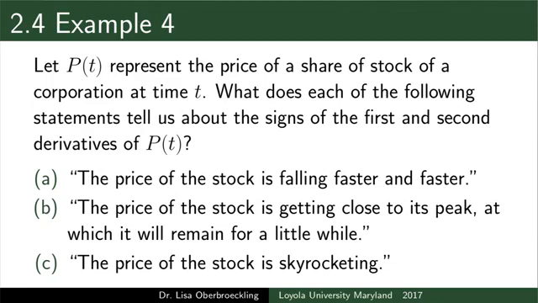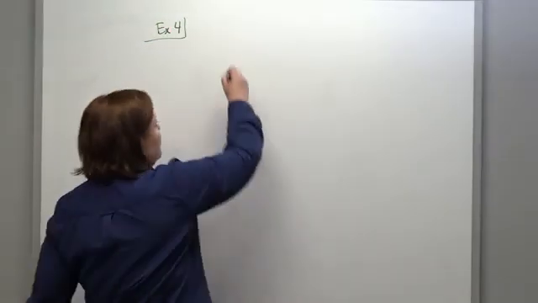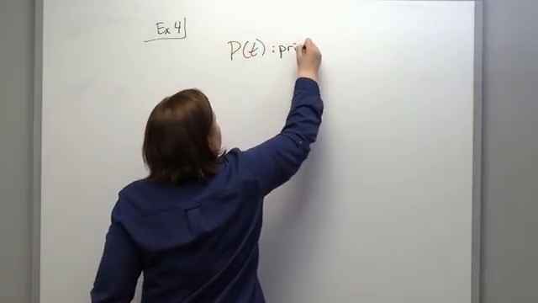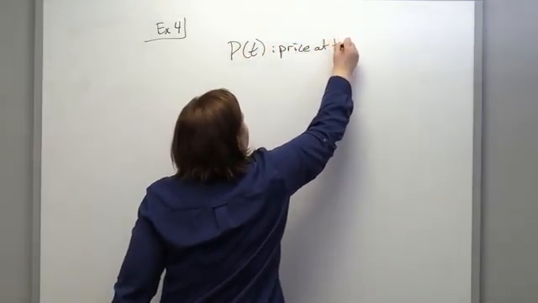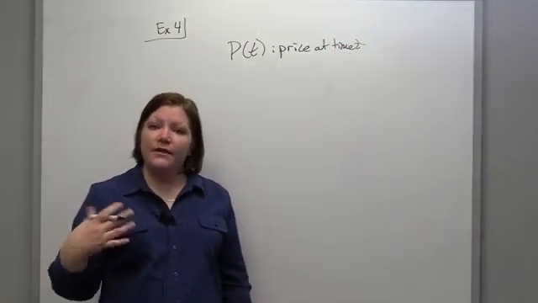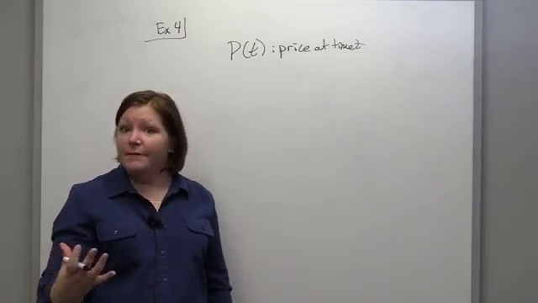The question is, what do those phrases mean? What do they tell us about what is going on with the first and second derivatives? We want to know what is going on with P prime and P double prime.